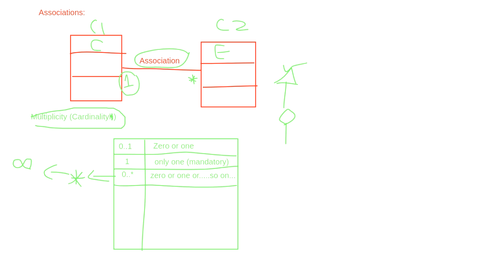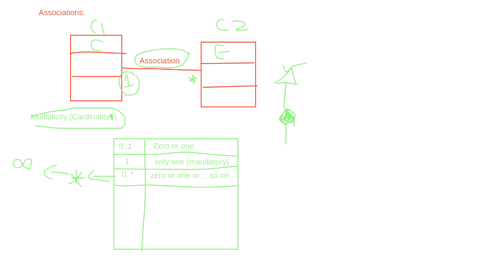When you get this diamond, then it is called aggregation, and sometimes it is filled, and this is called composition. I will show you all those things. But here this is only a simple association. It is not an inheritance.